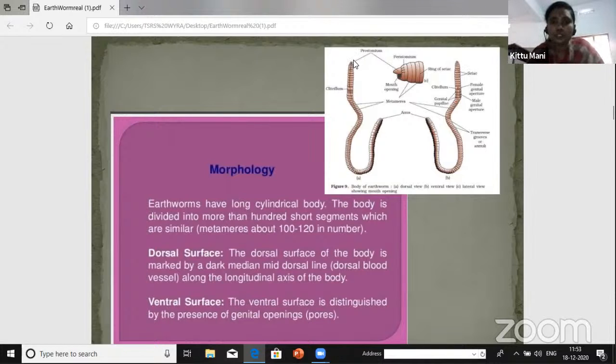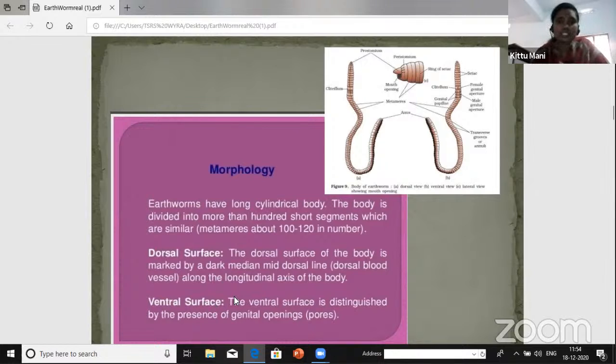All of you look at this picture and observe this line. It is the dorsal surface of the body, marked by a dark median dorsal line. The dorsal blood vessel is very, very important. What is that, students? The dorsal blood vessel, along the longitudinal axis of the body.